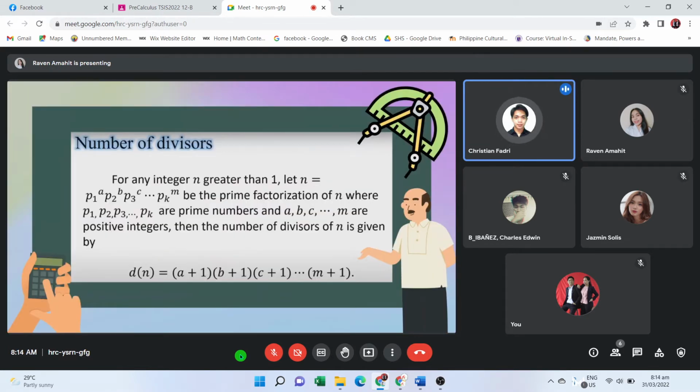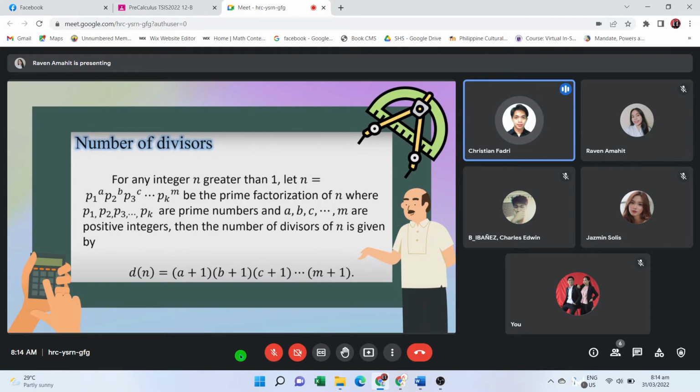So for the number of divisors, for any integer n greater than 1, writing the prime factorization of n as p sub 1 raised to a, p sub 2 raised to b, p sub 3 raised to c, and the pattern continues until p sub k raised to m, where p sub 1, p sub 2, p sub 3 until p sub k are prime numbers and a, b, c, and m are positive integers.